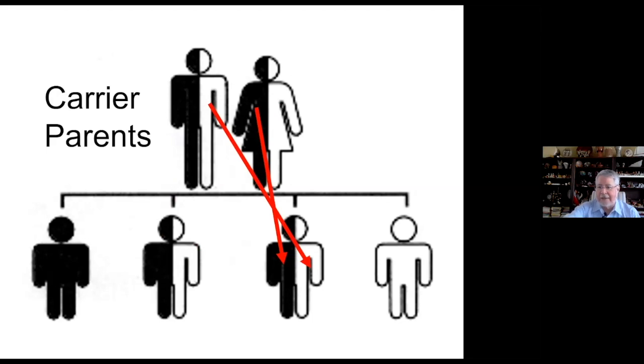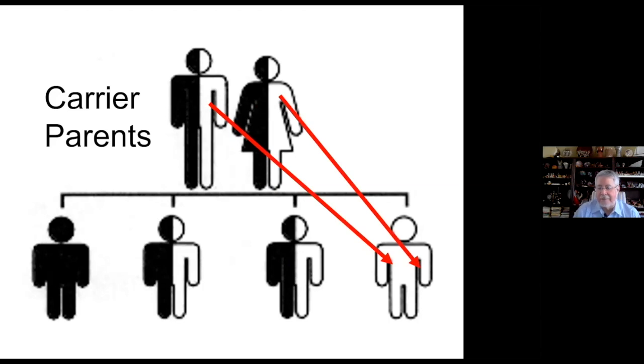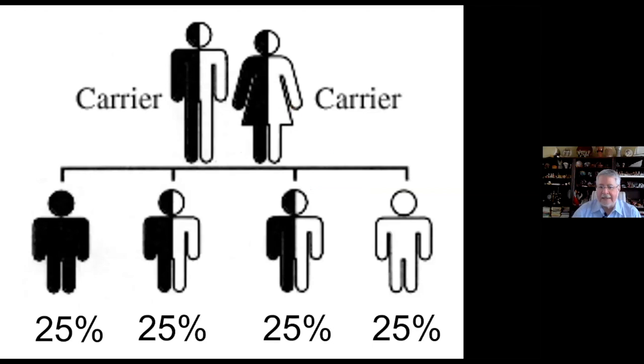And the last type of inheritance is where both parents give their offspring a copy of the tyrosinase gene that is incapable of making melanin, and that child will have albinism. Okay, so these are the four possible outcomes, and each one of them has an equal chance to occur.